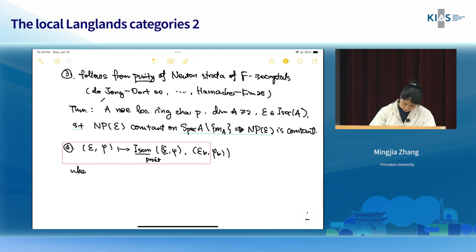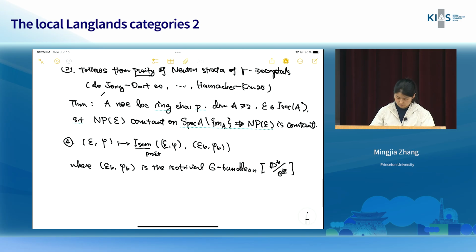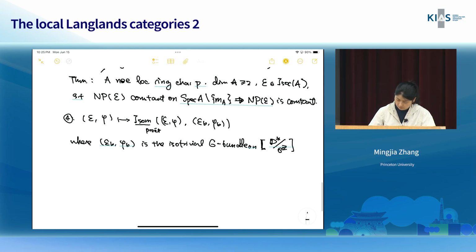Where E_b with φ_b is the isotrivial G-bundle on this quotient. So this quotient, I view it as a functor. Plugging in R, it gives me this punctured disk on R, quotient out Frobenius.